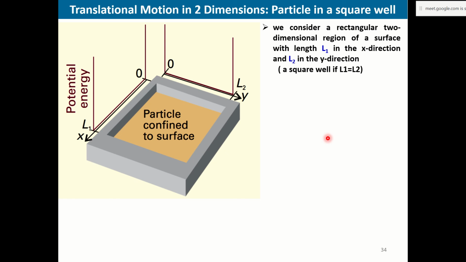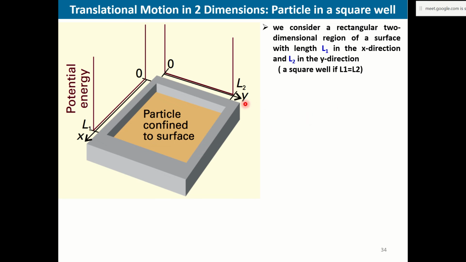Now we are in a position to discuss the motion of a particle in two dimensions. Just like we had a one-dimensional box of length L, now you will have length L1 and length L2, and the walls that you see again have very high energy, rising up to infinity.